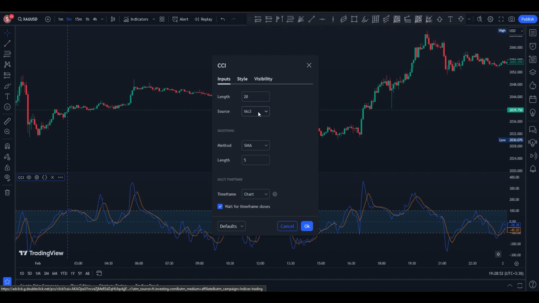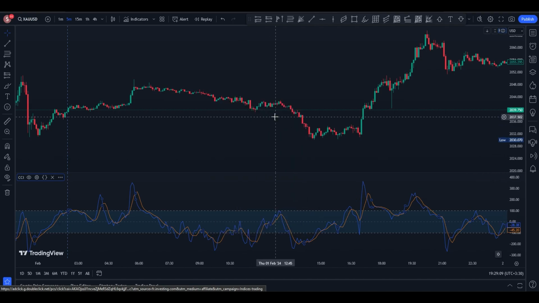You can change the input, HLC, open, high, close. I'm not going to touch these. You can change the method, SMA, EMA, and the lengths. You can change the lengths too, but I'm not touching these.